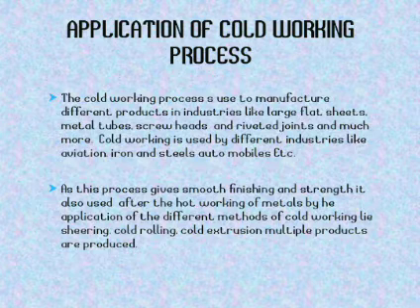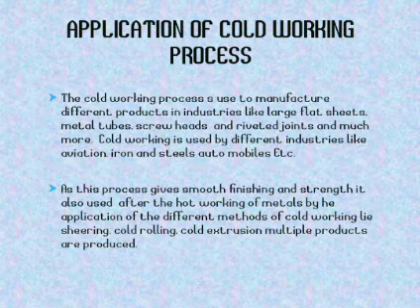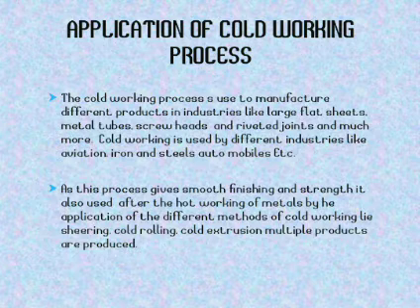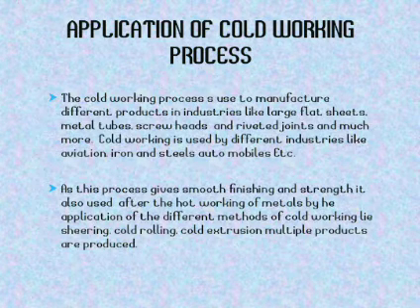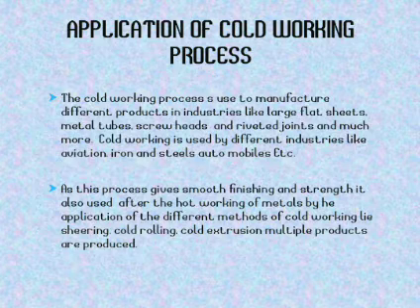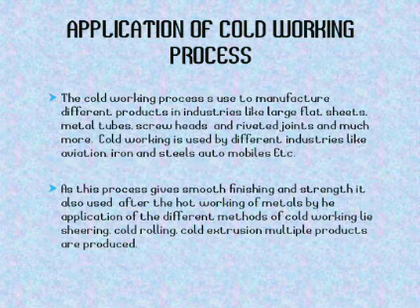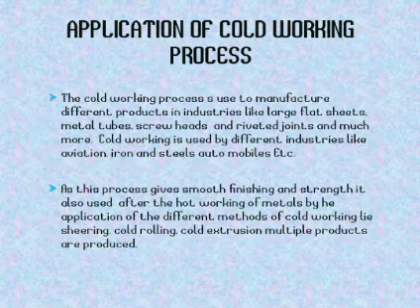As this process gives smooth finishing and strength, it is also used after the hot working of metals, by the application of different methods of cold working like shearing, cold rolling, and cold extrusion, and multiple products are produced.